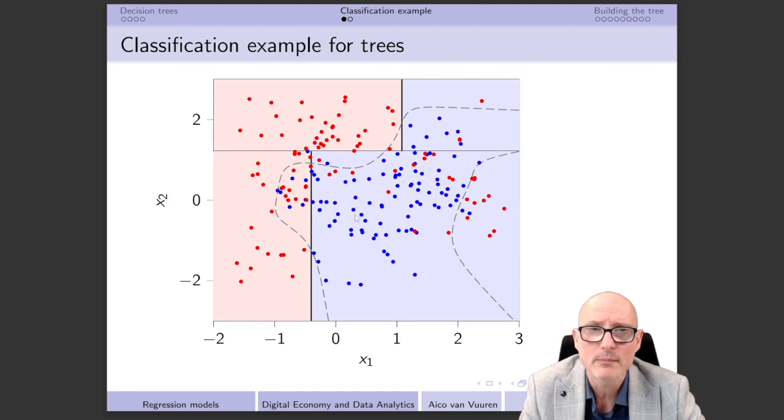So, for example, if I do a split over here, that doesn't make that many sense, because in this area I'm going to have relatively a lot of reds as well as a lot of blues. It's in that sense much better to do a split over here, which means that I will have relatively many blues over here and relatively many reds over there.